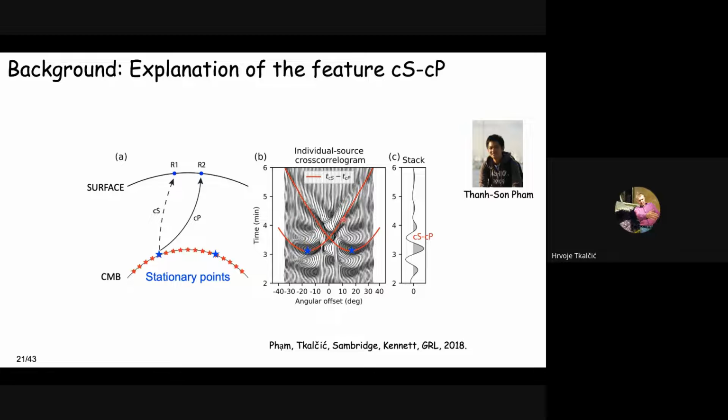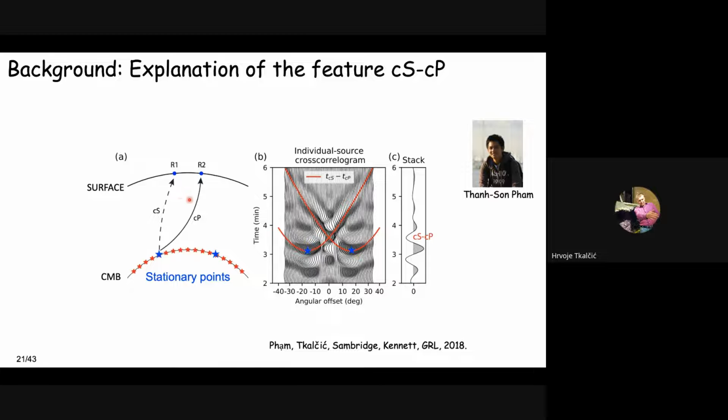So these are basically the minima of the travel time difference between P and S waves. Everything else destructively interferes, and only the contributions due to these stationary points survive here, and contribute to this peak in the cross-correlation function.